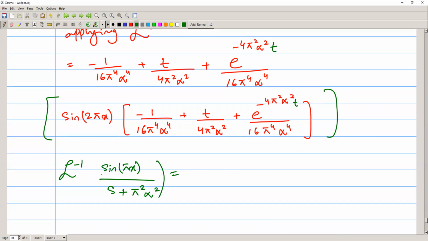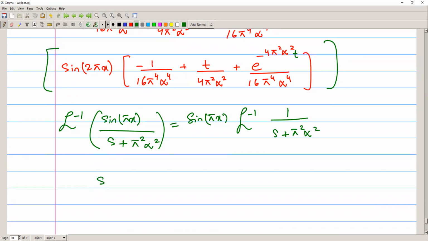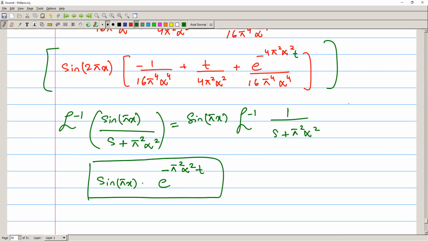Again, sine pi x is constant, so we can move it out, and then you will find the Laplace inverse of 1 over s plus pi squared alpha squared. So again, this will be sine pi x times e to the power negative pi squared alpha squared t, right.